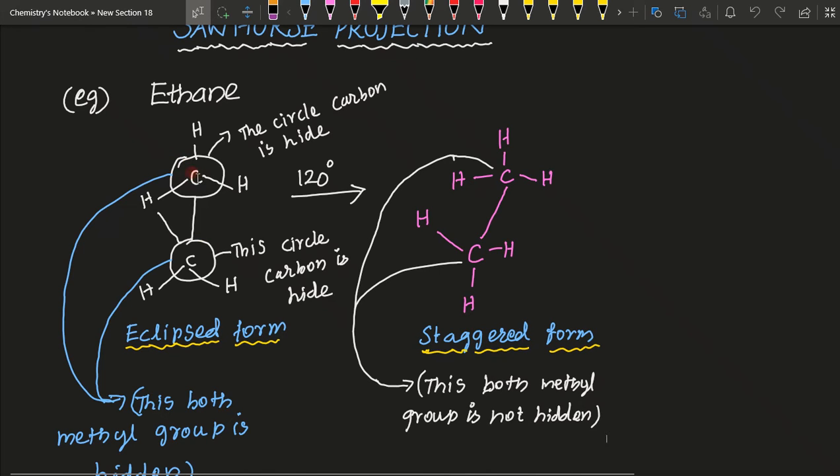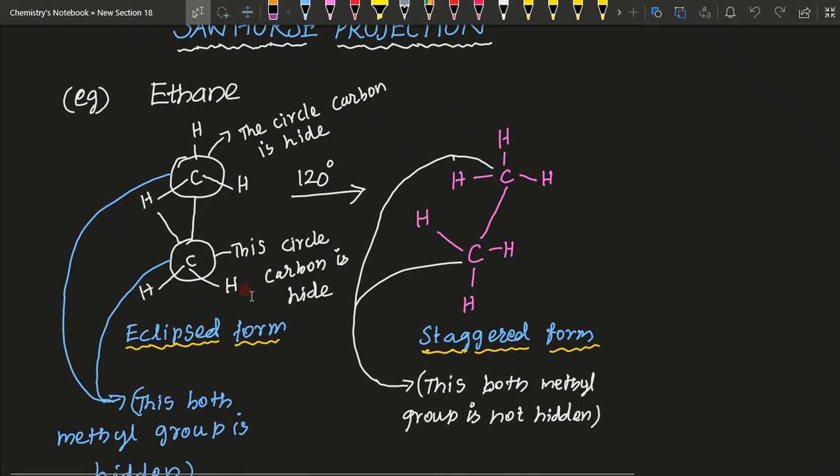This circle is another carbon, hidden. See here, the circle carbon is hidden. This form is eclipsed form.